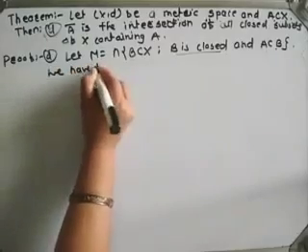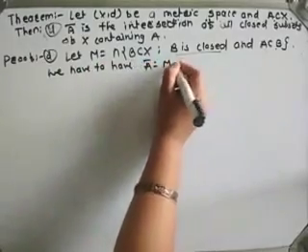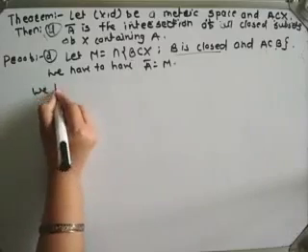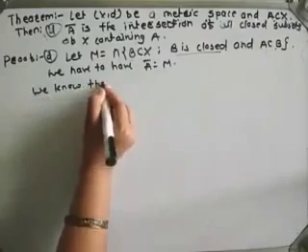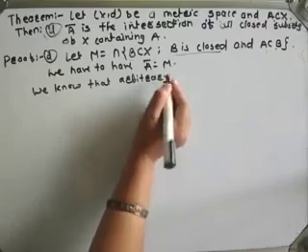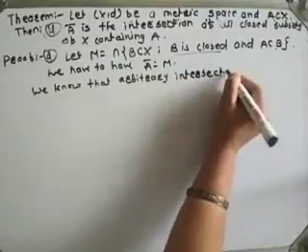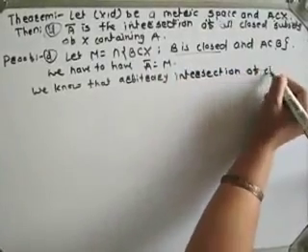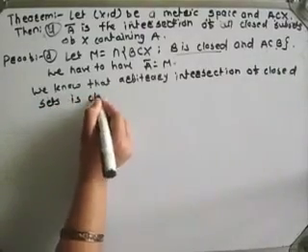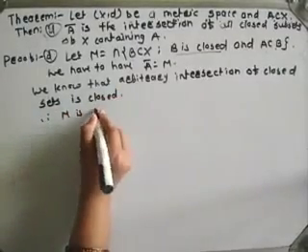Here we have to show that A closure is equal to M. We know that arbitrary intersection of closed sets is closed. Therefore, M is closed.